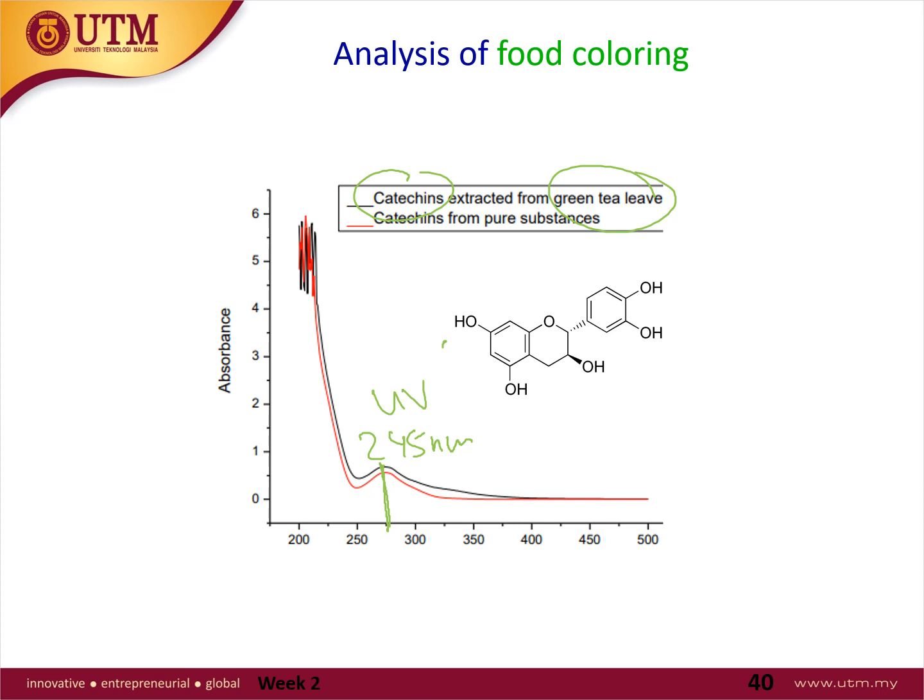It contains conjugated double bonds, and then we have auxochrome. Okay. So you can predict what kind of solvent they use here. This solvent has a cut off around 210 nanometer. I think it's hexane and above. Or maybe no, ethanol, okay?